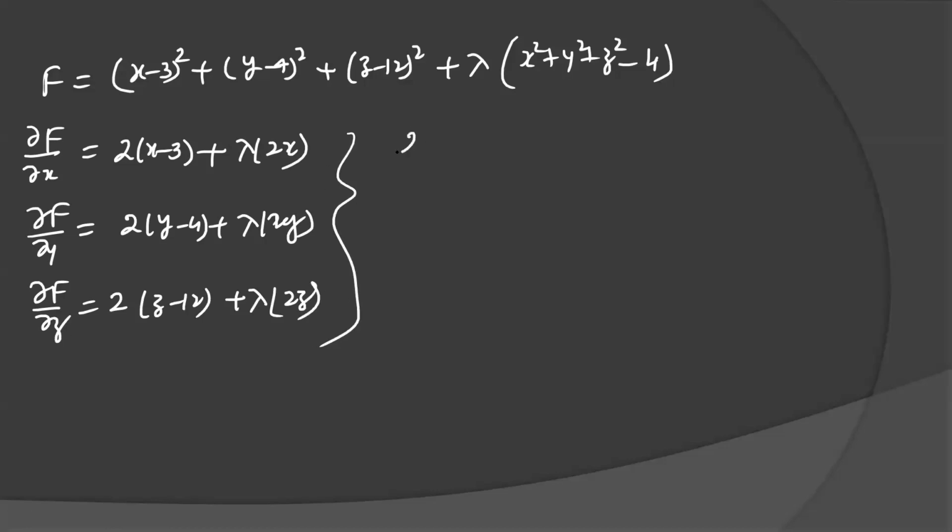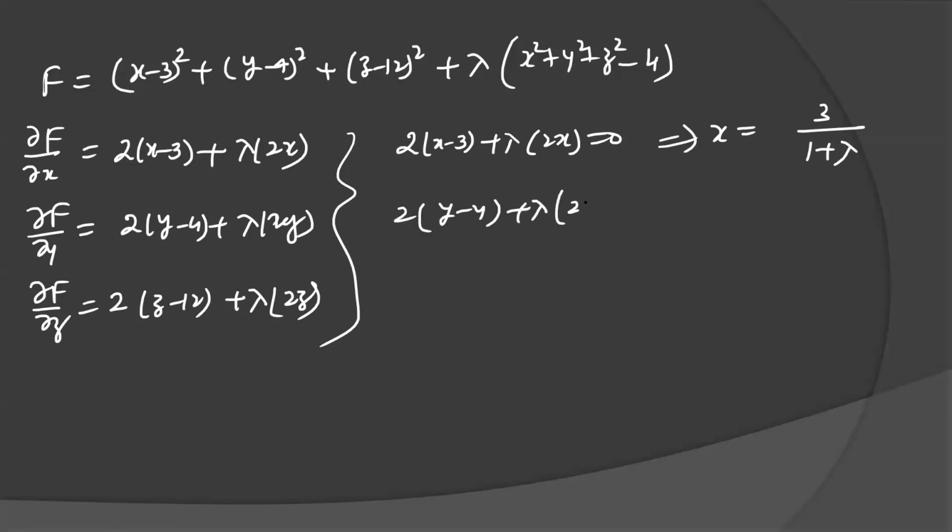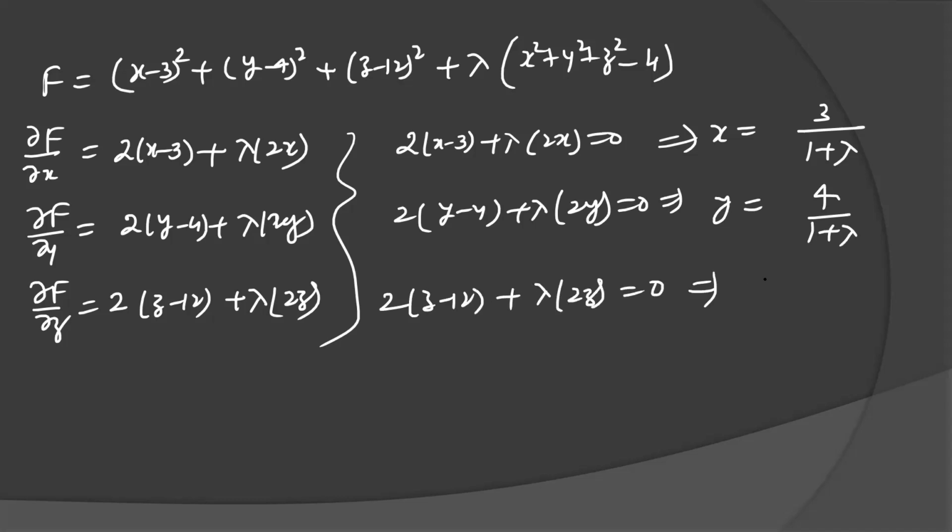For the stationary point, we put 2 into x minus 3 plus lambda into 2x equal to 0, and we get x equal to 3 over 1 plus lambda. 2 into y minus 4 plus lambda into 2y equal to 0, y equal to 4 over 1 plus lambda. 2 into z minus 12 plus lambda into 2z equal to 0 will give you z equal to 12 over 1 plus lambda.